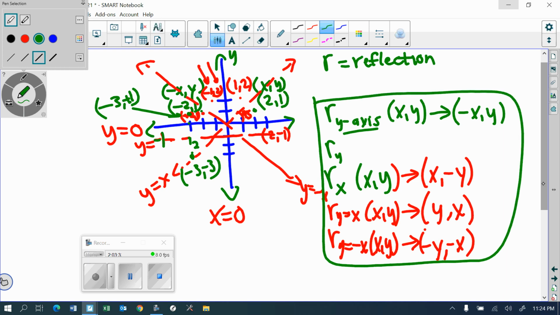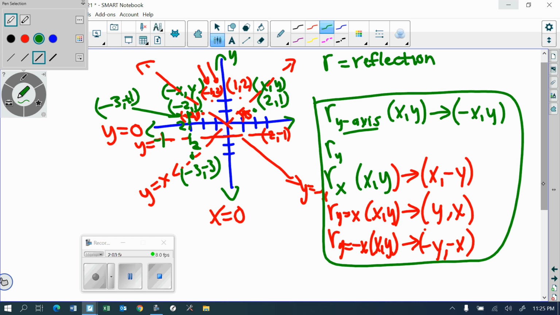If it's over another horizontal or vertical line other than these, you just have to count. It's always going to be at 90 degrees to the line, the same distance away. So if it's 2 here, I'm going up 2, 2 over here. So it's a reflection. That's how you do it with horizontal or vertical lines. If you have lines outside of these, you have to count them yourself.